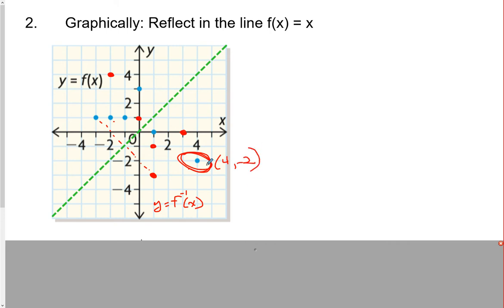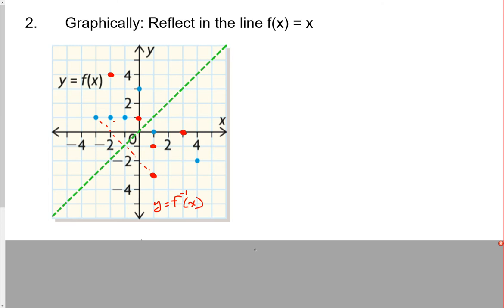So that means the reciprocal, which is up over here, should have an x coordinate of -2 and a y coordinate of 4. So I could just look at it and draw them in, or if you find it easier, you can write in the coordinates, flip the x and y values, and then put in the new coordinates.